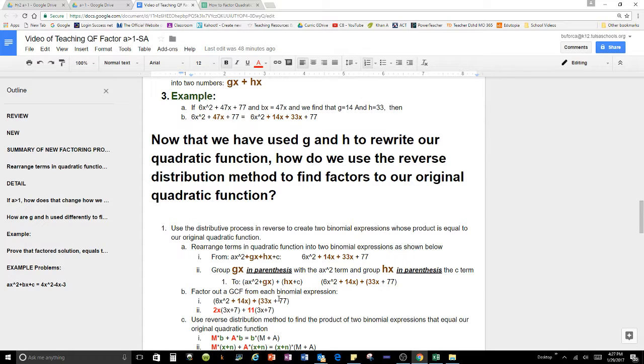The reason we group them like this is because we want to pull a greatest common factor from each of these expressions, which means we'll be able to pull a number out of the first one and out of the second one, such that what's left inside the parentheses will be the same.